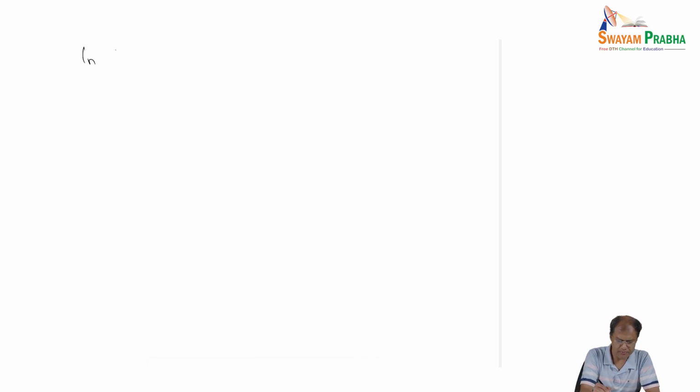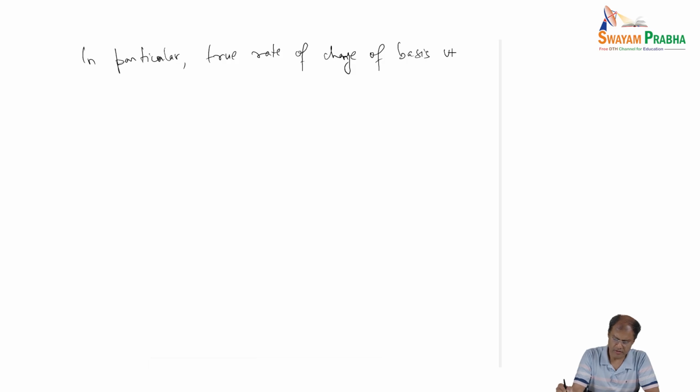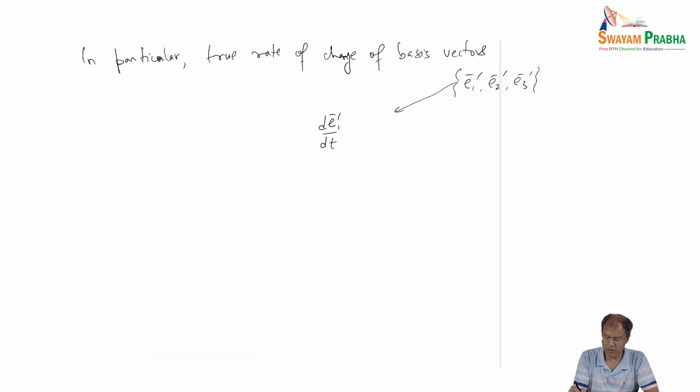So in particular, the true rate of change of the basis vectors E1 prime, E2 prime and E3 prime, we saw that in the moving frame, if we were to look at the change dEj prime/dt, for all the basis vectors, the rate of change is given by omega cross Ej prime, right?